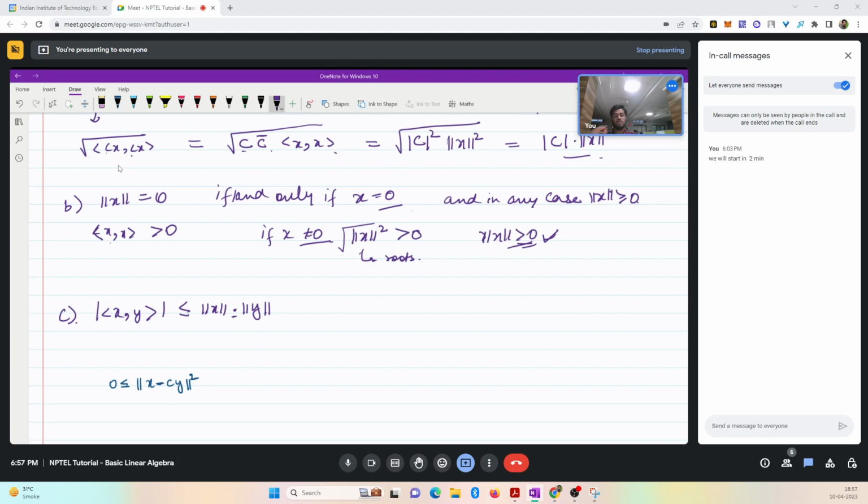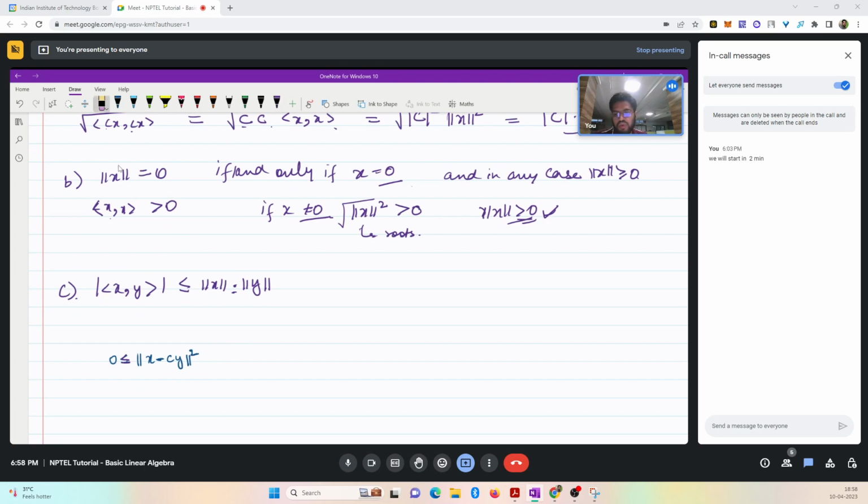One way to do it is that we know that if x minus cy is anything, then its norm square would always be greater than or equal to 0. We will use this thing. This is very simple but not very intuitive, but we'll use it to reach our result.